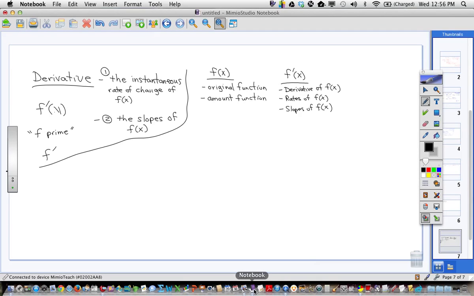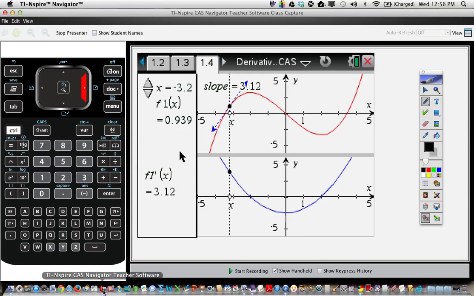We probably should have mentioned on these slopes that we're talking about the slope of the tangent line, because slope really only makes sense when you're talking about a line. It's rise over run. So when we talk about slope of a curve, we're really saying slope of the tangent line on the curve. And remember, a tangent line only touches a curve in that one place.